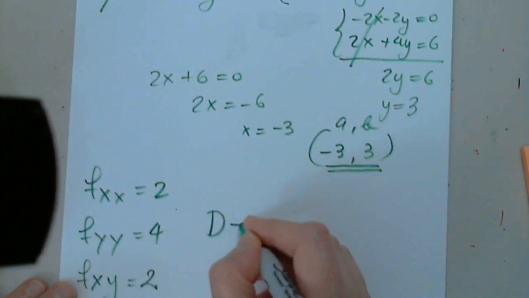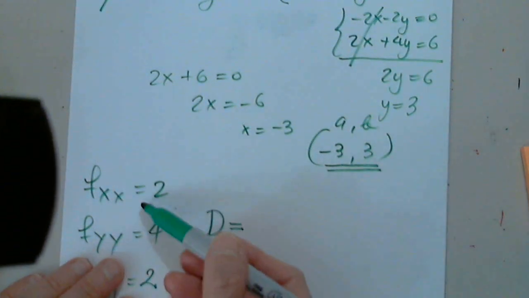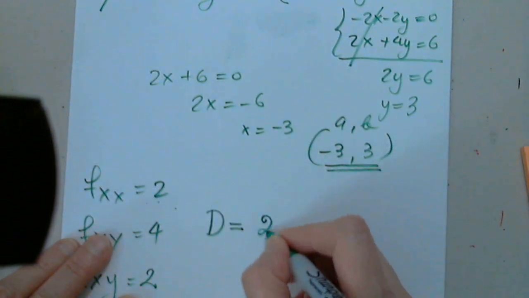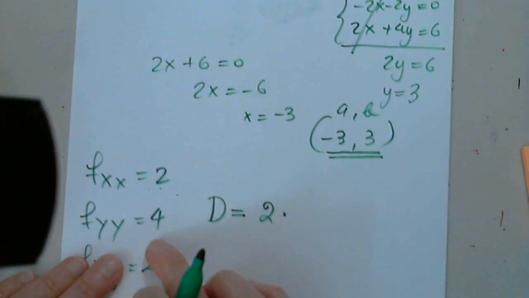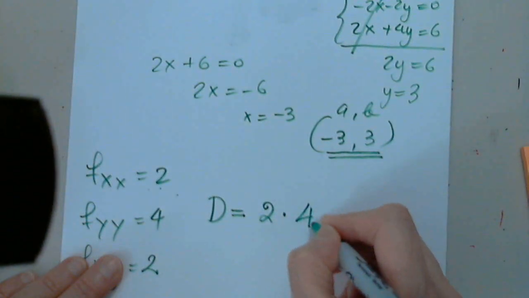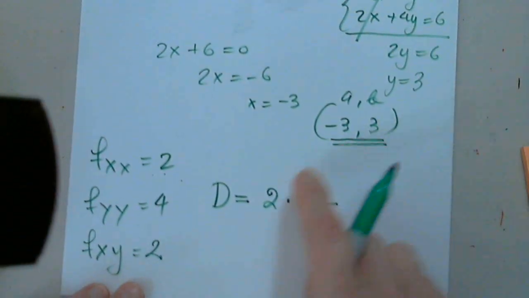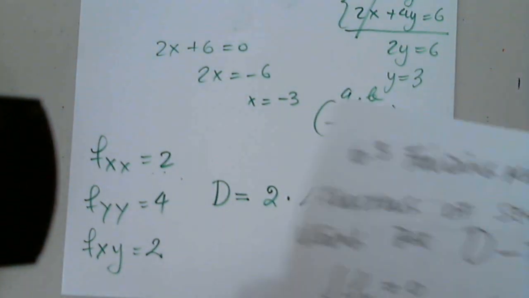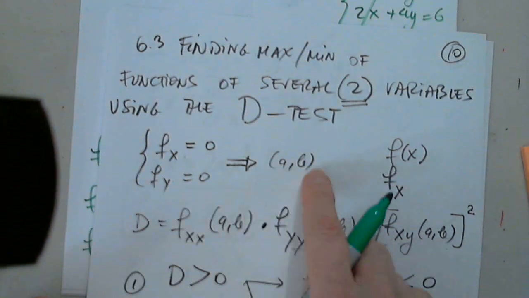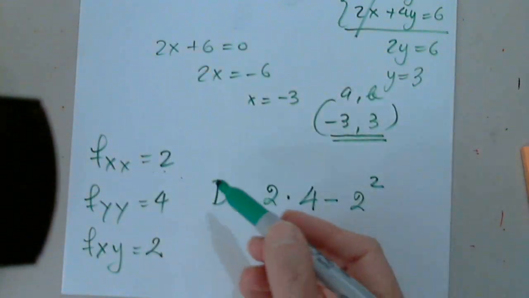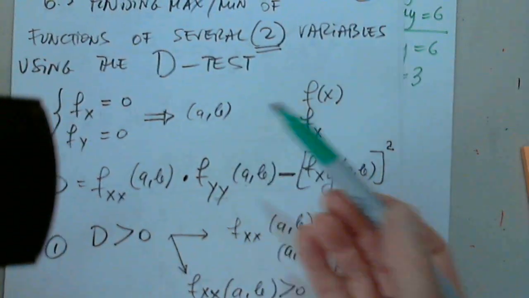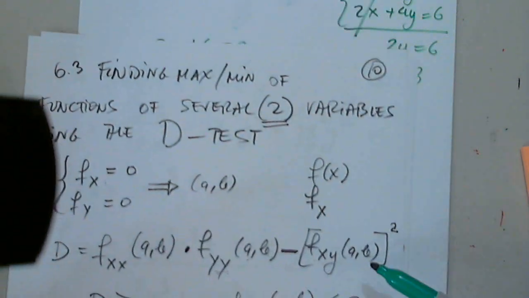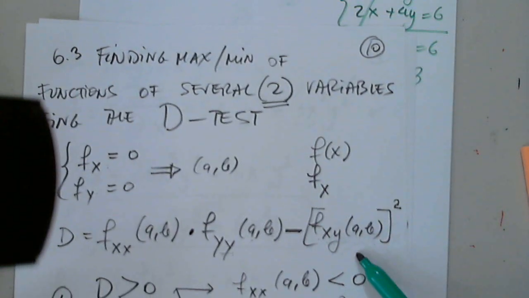So now the D-test. We have to find D first. I wanted to plug in here, but there is nothing to plug in. So it's 2 times 4 minus... I wanted to plug this point in here, there is nothing. I have to write 2 squared. fxx at this point is a constant, 2. fyy at this point is a constant, 4. fxy is a constant, 2 squared.